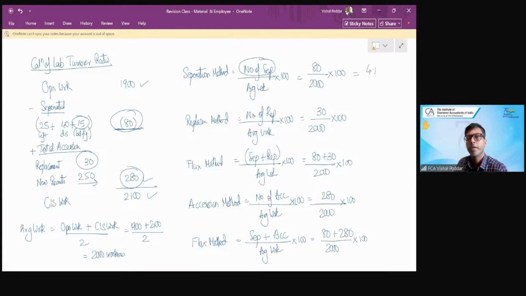So this I'm getting as 4%. This I'm getting as 1.5%. This I'm getting as 5.5%. This I'm getting as 14%. And this I'm getting as 360, 18%.